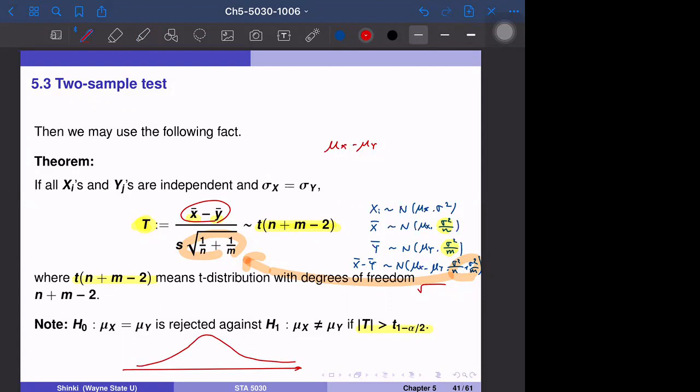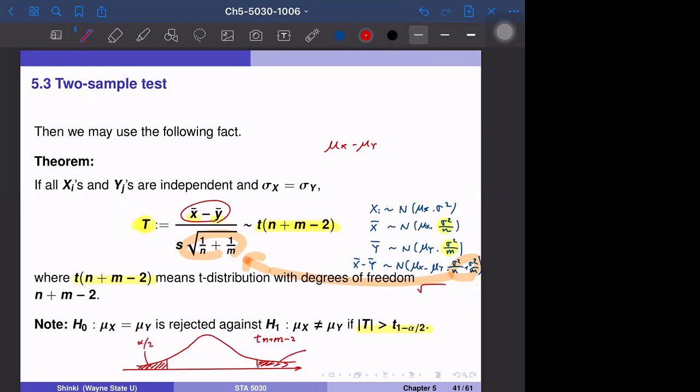If this is the t distribution with degrees of freedom n plus m minus 2, we think about a threshold such that the total area of the tails is alpha.